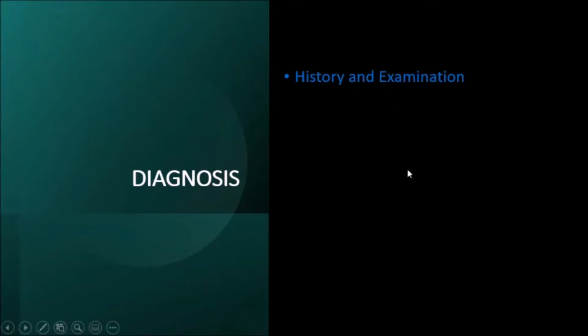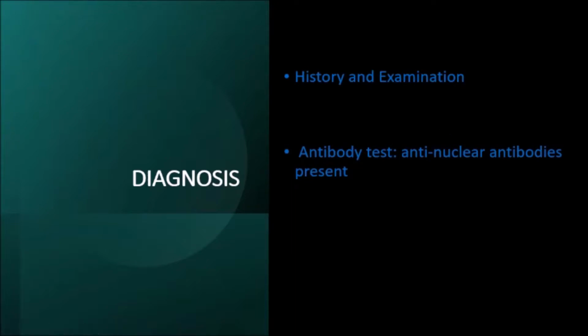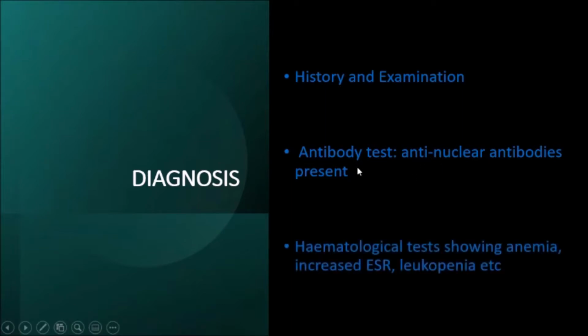That will make it easier for you to understand and conclude. Other than history and examination, the antibody test can prove to be very vital, which can be done by the physician. In these antibody tests, anti-nuclear antibodies are detected in the body in case of lupus. Some other hematological tests can be done, and in lupus they will show conditions like anemia, increased ESR, or leukopenia, etc.